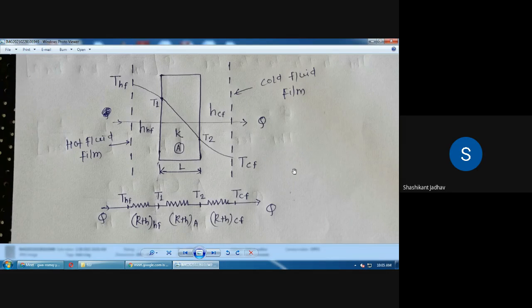What is the temperature range for the left hand liquid, that is hot fluid? That is THF and T1. For the metal surface, the temperature range is T1 to T2. And for the cold fluid, the temperature range is T2 and TCF. Okay, so in this way we have to draw the resistor diagram or resistance diagram.